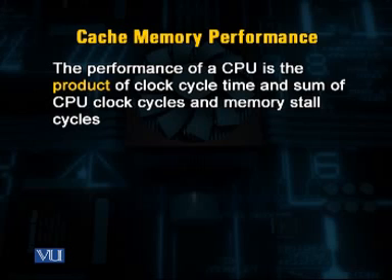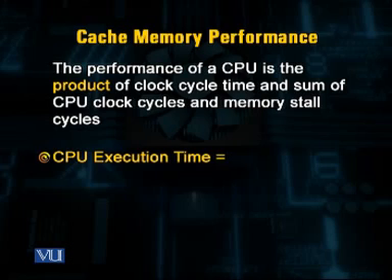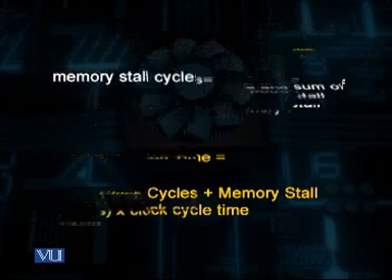This actually means that we can express the CPU execution time as the product of the sum of clock cycles plus the memory stall cycles and the clock cycle time.